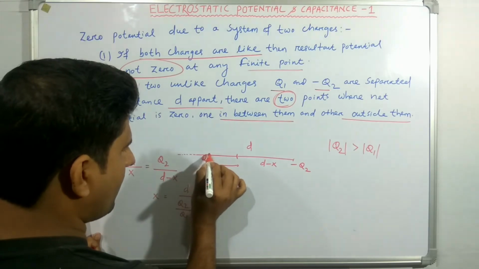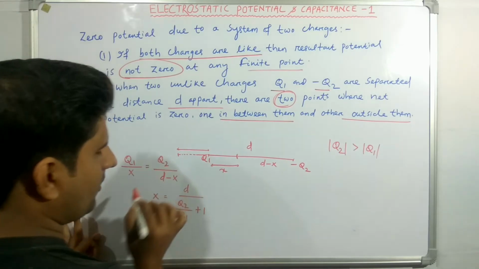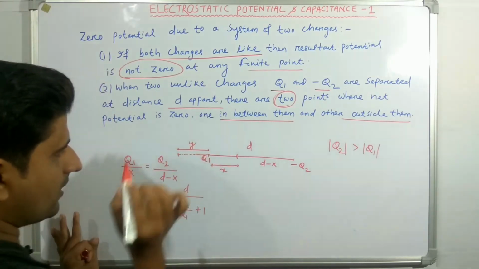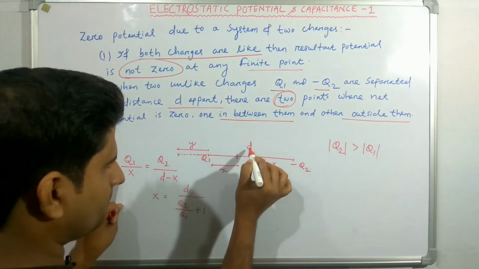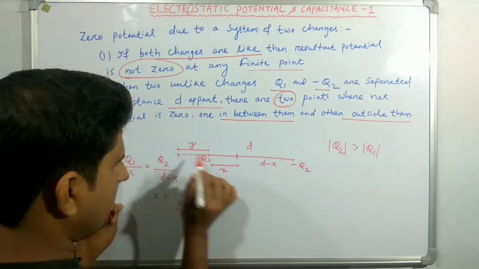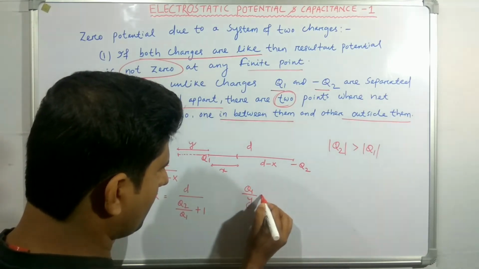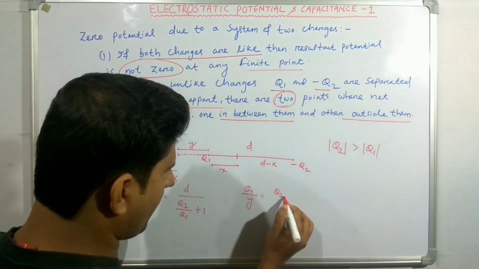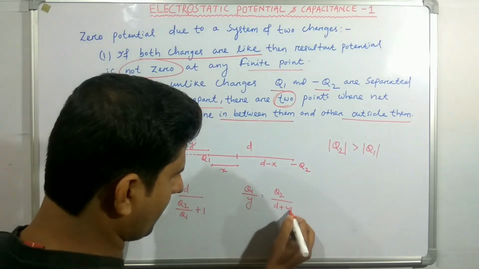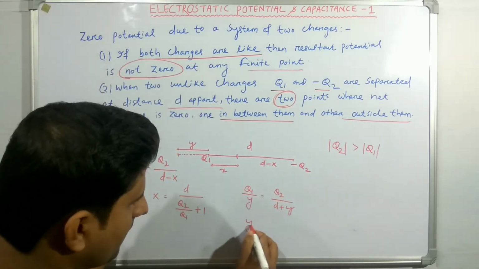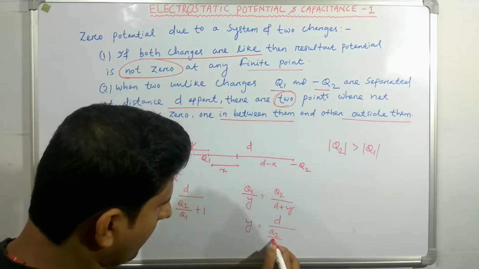And for the outside point, suppose the distance of the outside point where the net electric potential is 0 is y. So for the outside point we write q1 by y equals q2 by d plus y, and if we calculate y this should be d by q2 by q1 minus 1.